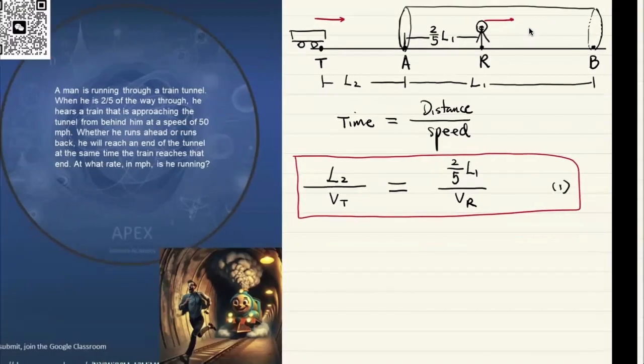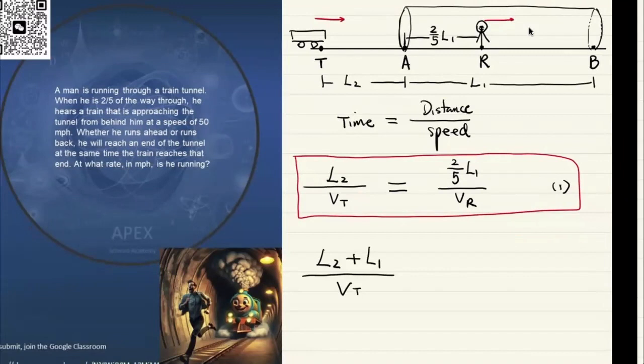Well, the idea is the same. It's going to be distance over the speed. So the total distance between T and B is L2 plus L1. And if we divide that by the speed of the train, it'll give us the time it takes for the train to go from T to B.